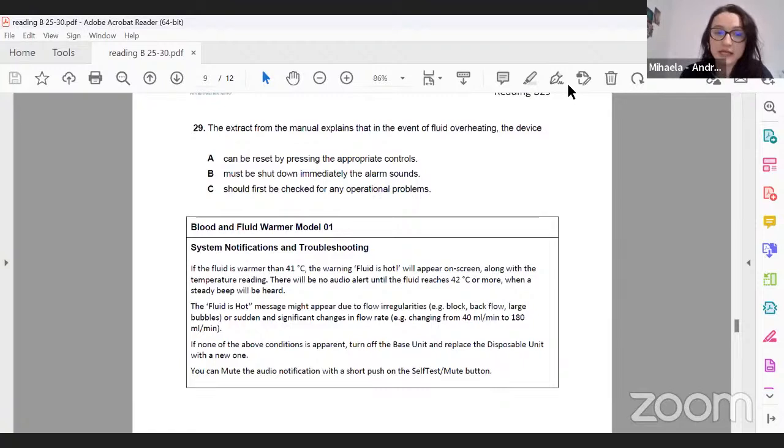Yeah. So you have to check that. And you also have some examples here: that the fluid reaches 42 degrees, that there are flow irregularities, that there are changes in flow rate. So there are different things that can happen that can mess up your device, which would be operational problems or troubleshooting. Good.